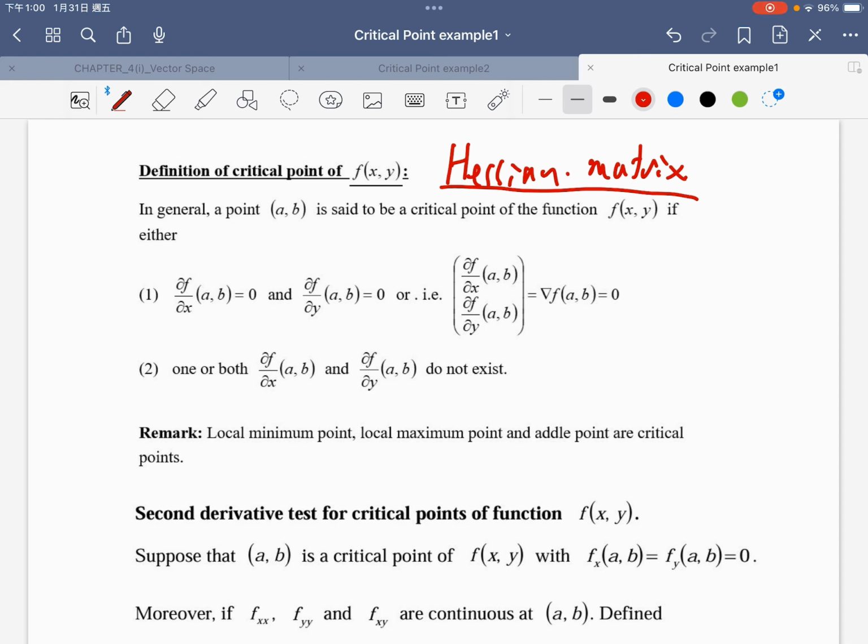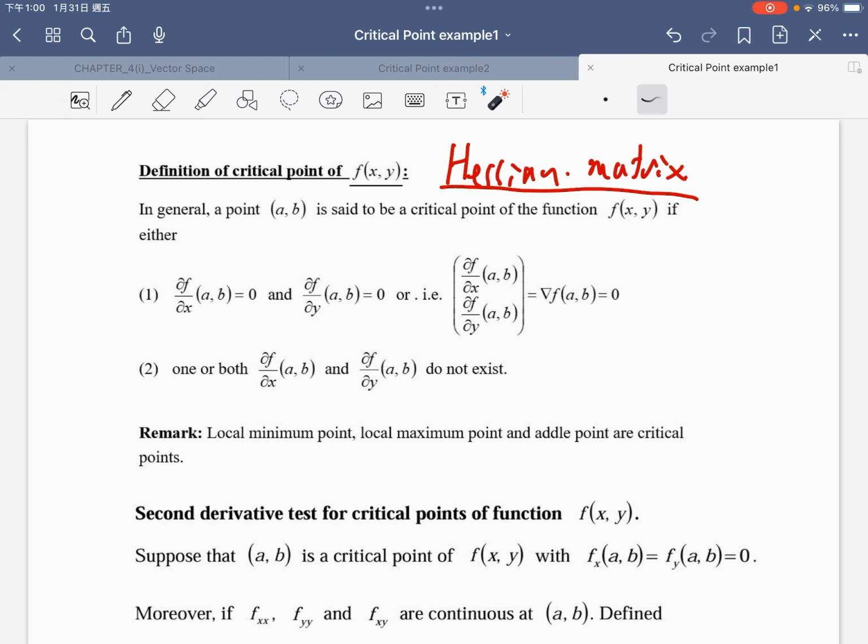Okay, before talking about the Hessian matrix, we have to talk about the critical point of a function f(x, y). For a function f(x, y) in two variables, it is a 3D surface.